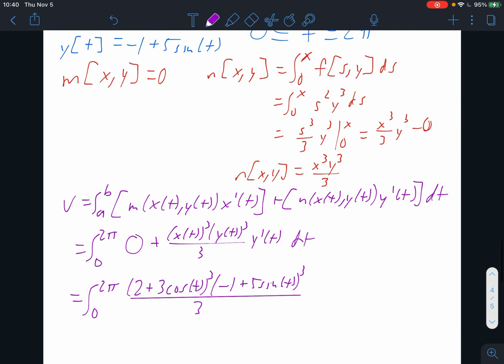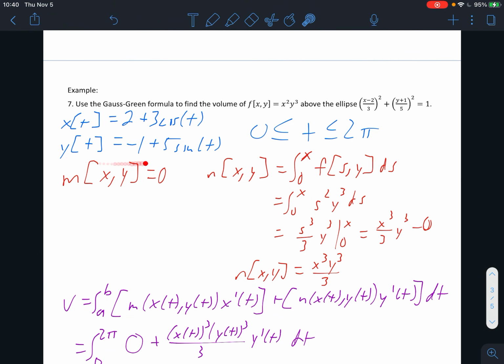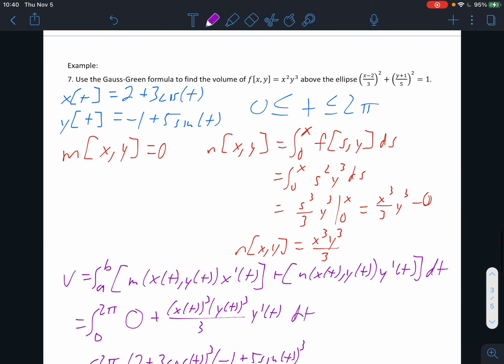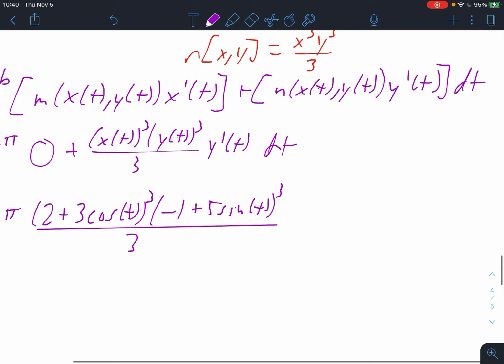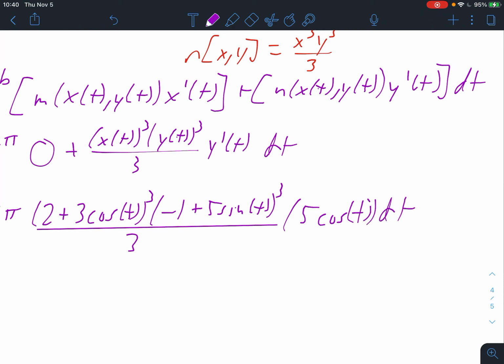And then y prime of t, that shouldn't be hard for us to do. Take the derivative of this. Derivative of negative 1 is 0. Derivative of 5 sine t is simply 5 cosine t dt.